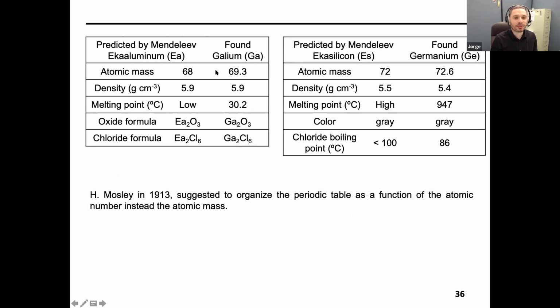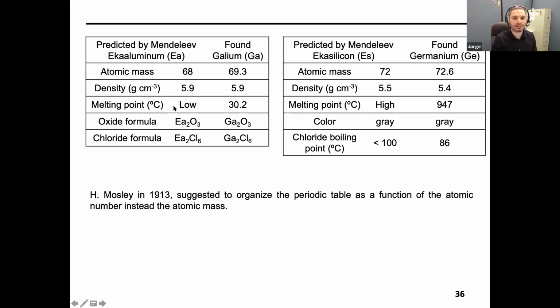For the element with atomic mass 68, Mendeleev called it eka-aluminum, and later on it was found, and it is the element gallium. According to Mendeleev, the predicted mass would be 68. Gallium is 69.3, so pretty good. Mendeleev also predicted the density, 5.9, and it was found as 5.9.